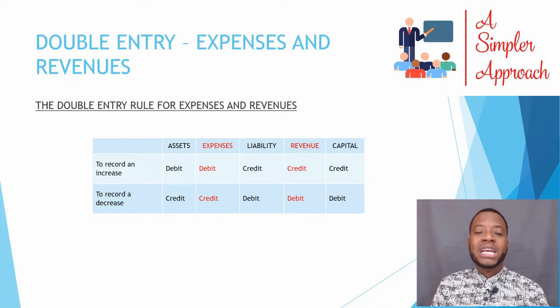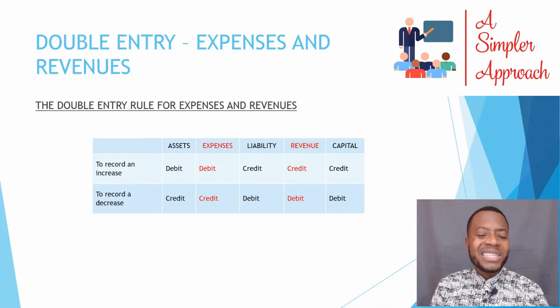Right now, we're looking at what is the double entry rule for expenses and revenues. Take a look at the diagram before you. Everything in black you already know. Assets, liability, capital. Now, the items in red, we're focusing on those right now.